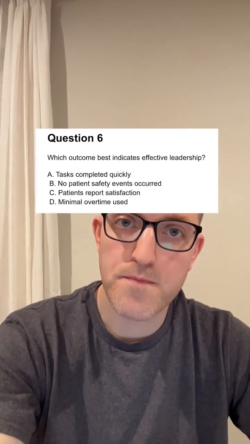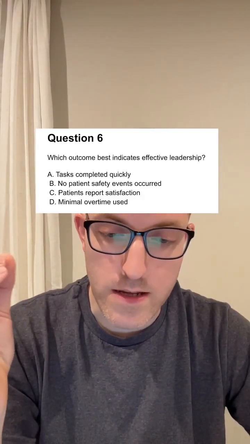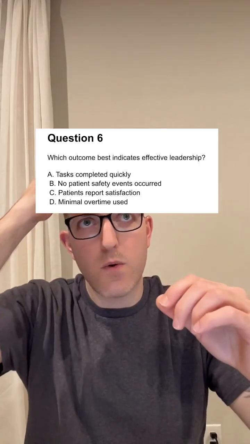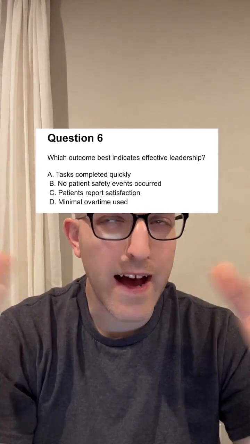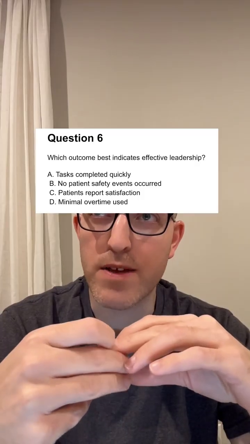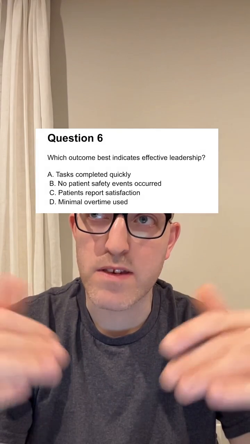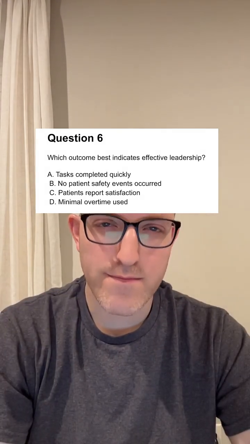And then, which outcome best indicates effective leadership? These questions, I feel, are easy, but what I wanted to convey to you guys is that case studies in and of themselves aren't something to be feared.